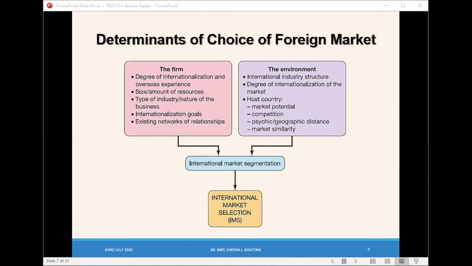All right. Okay. So moving away from the firm characteristics, let's now talk about the environmental characteristics. And here we are looking at the characteristic of the environment within the host country. First of all, you need to ask yourself, what is the structure of the international industry that you're planning to enter into?